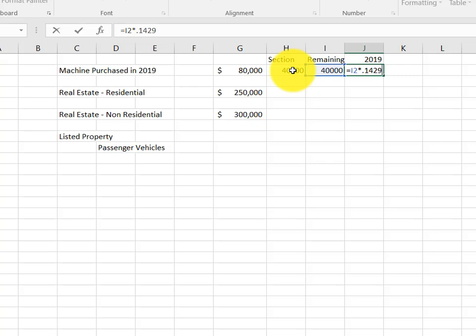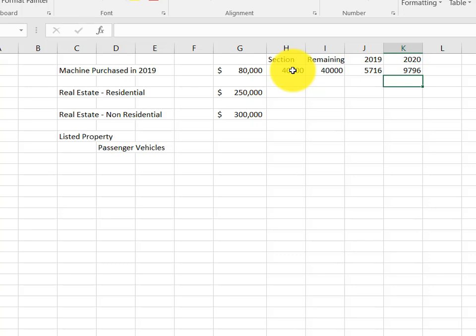It says 14.29%, but if you move that over, or you can put it in your calculator however you want, and that's 5,716. For 2020, just so you have a review of how to use the table, we use the remaining 40,000 again and multiply it by the next number down on the table in the 7-year category, or column, however you want to think about it. And then 2021, you would use the 0.1749 and so forth.